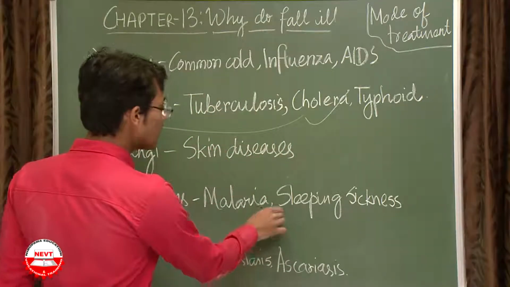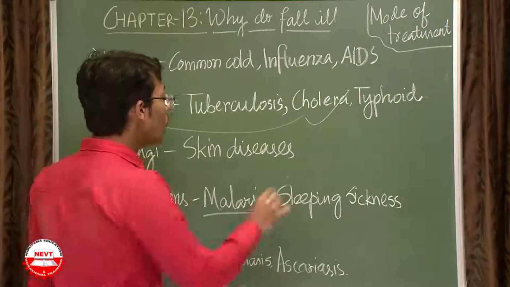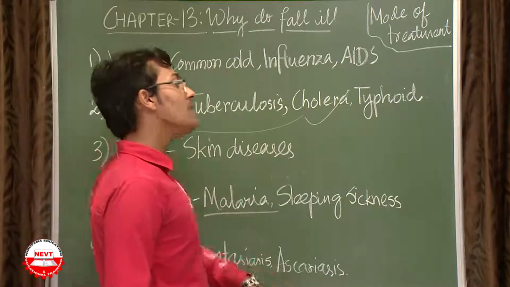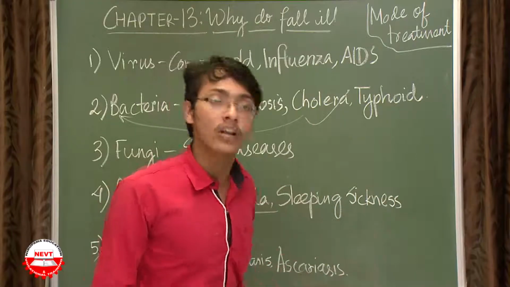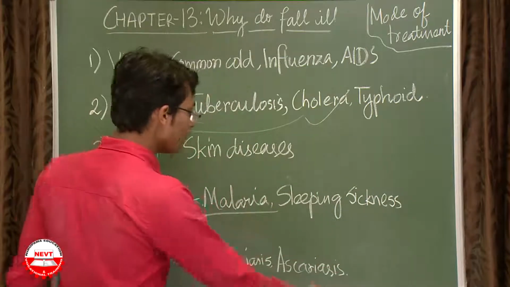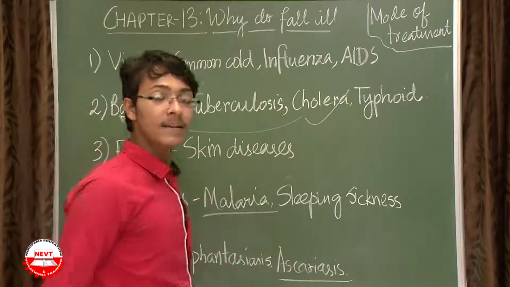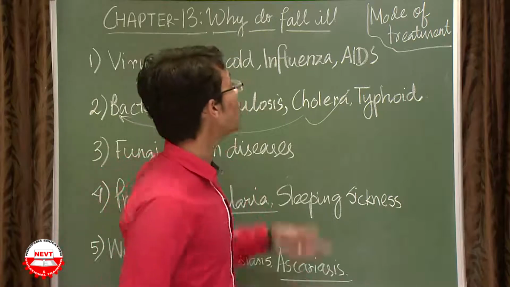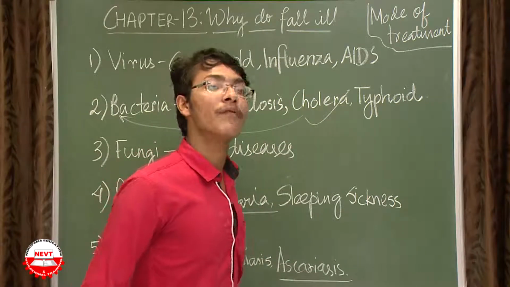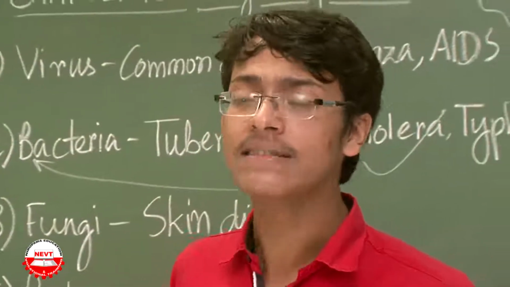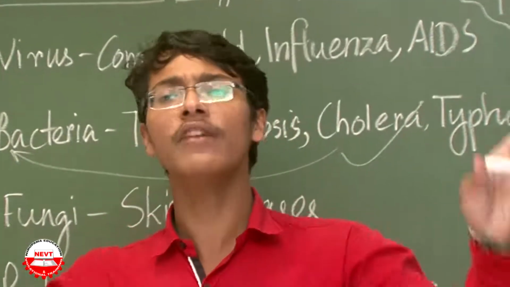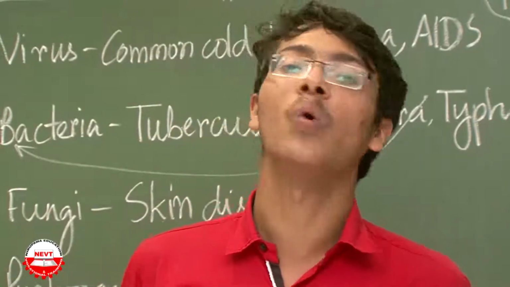If we find that a person is suffering from malaria, we will not treat the person as we would treat a person suffering from cholera. Or if the person is suffering from ascariasis, our treatment will not be like that for a viral disease, because bacteria and virus replicate prolifically when they come inside the host cell.